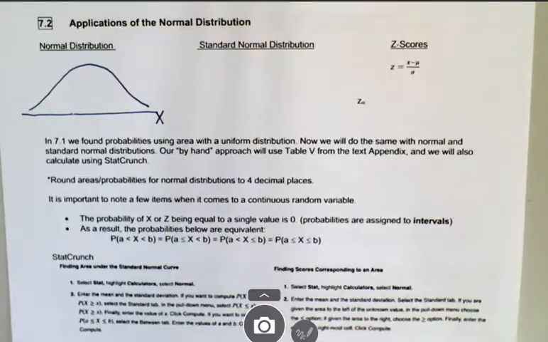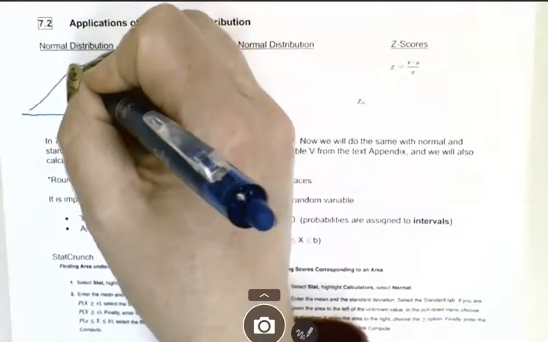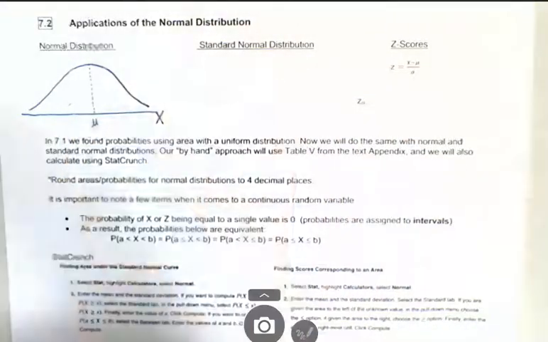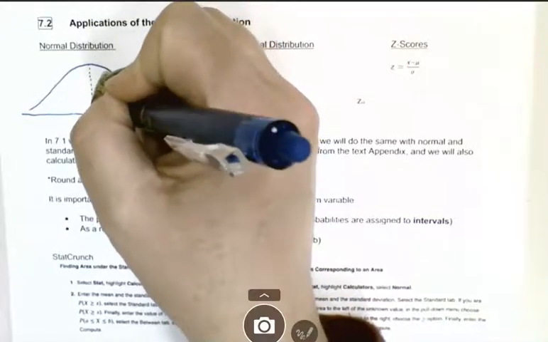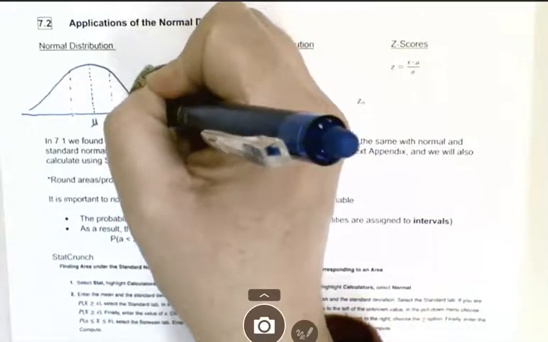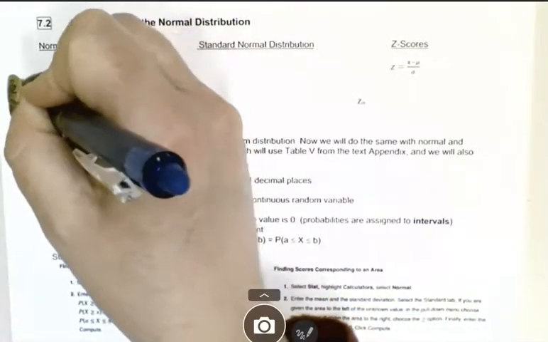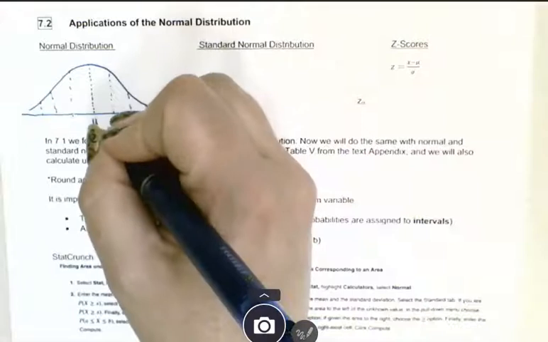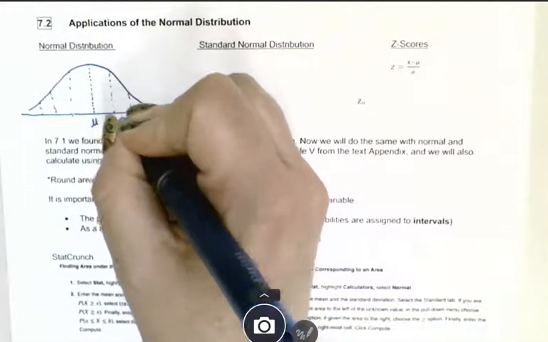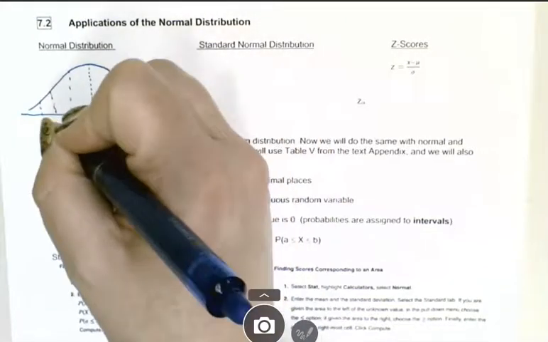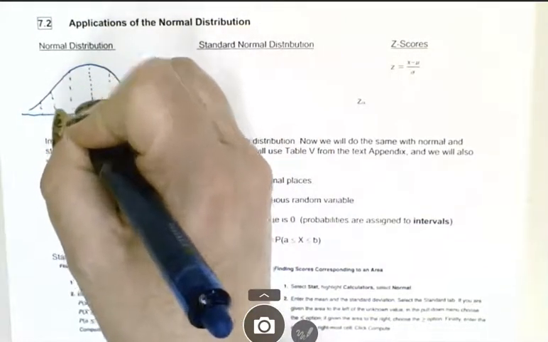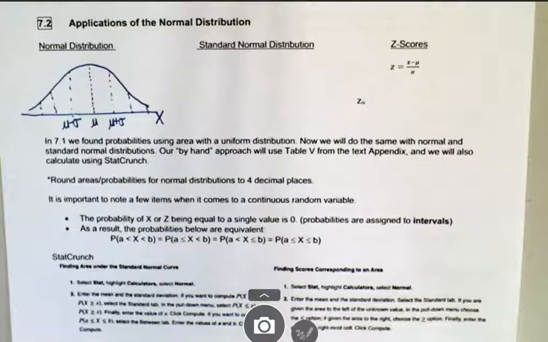In a normal distribution, our mean, median, and mode are right at the center, right at the peak. Then our empirical rule applies to values that are 1, 2, and 3 standard deviations away from the mean. The first one is mean plus 1 standard deviation, then mean plus 2. Down here, mean minus 1 standard deviation, and so on and so forth.